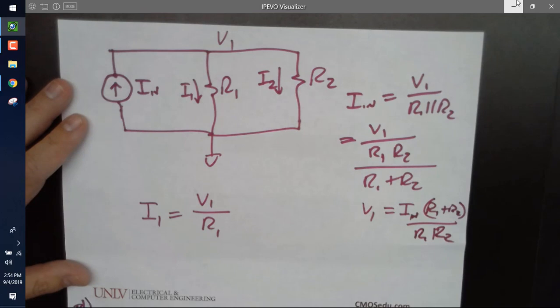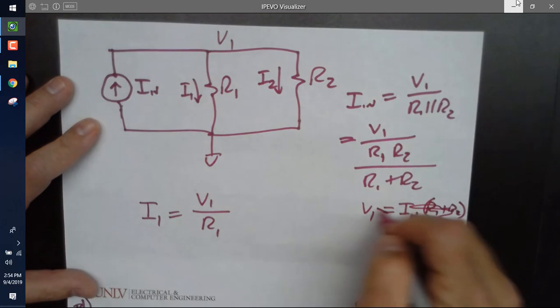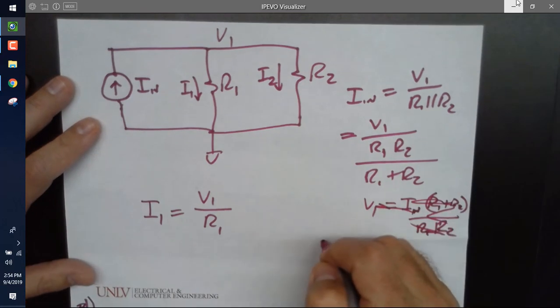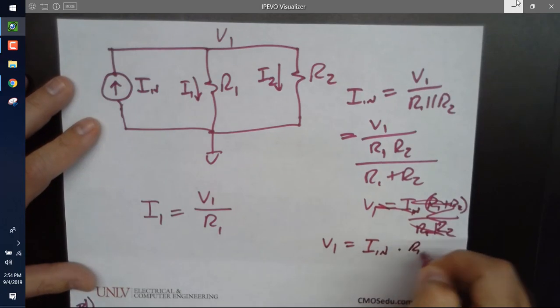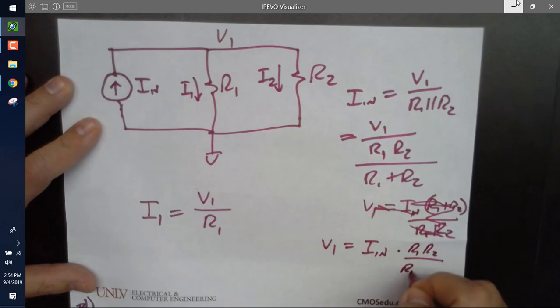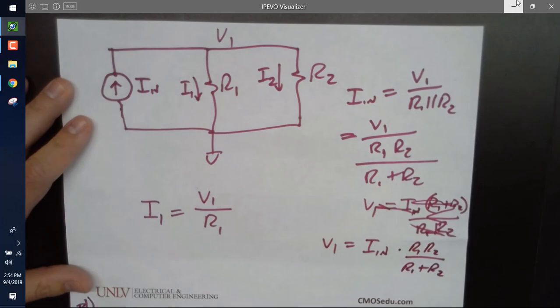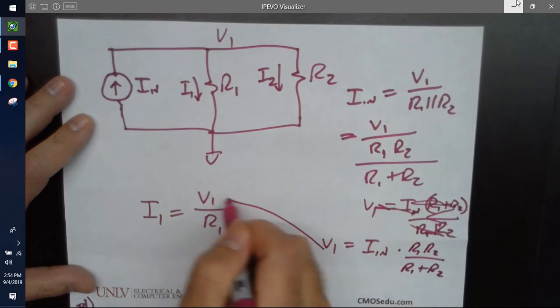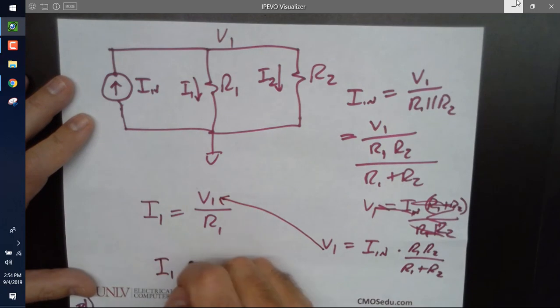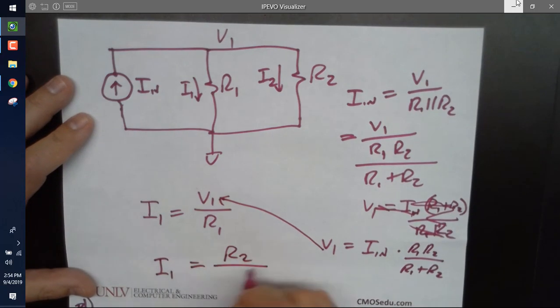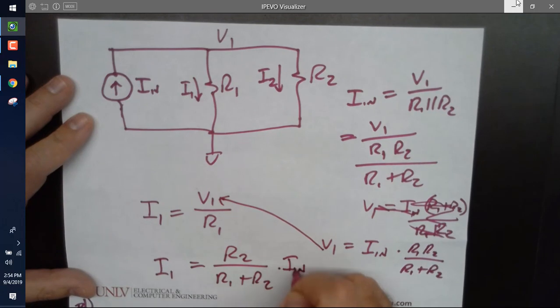Oh, whoops, I got that backwards. That would be V1 equals IN times R1 in parallel with R2 over R1 plus R2. How's that? Better? Now, if I plug that in here, now you're like, hey, he's doing derivations. I don't like that. We're almost done. If I plug that in there, I get I1 is equal to R2 over R1 plus R2 times IN. Boom, done.